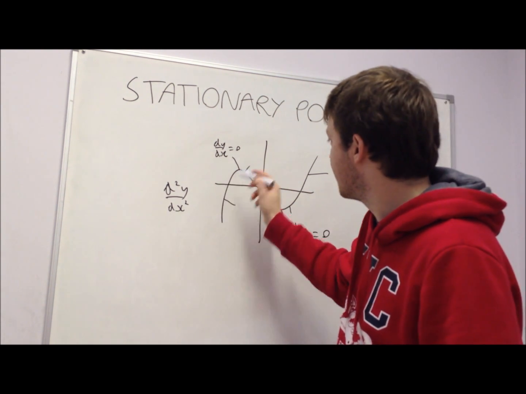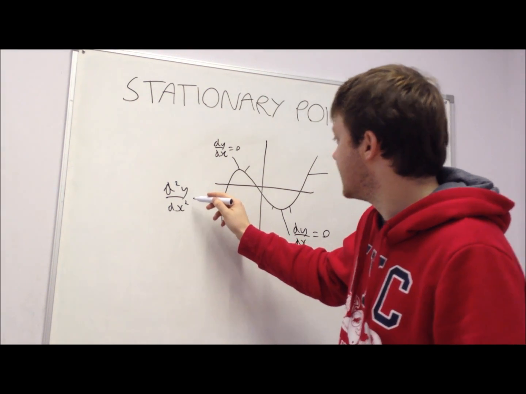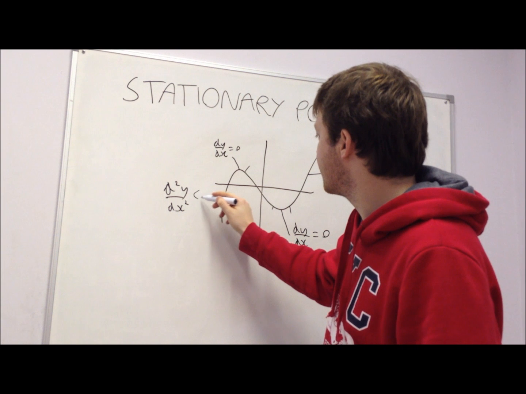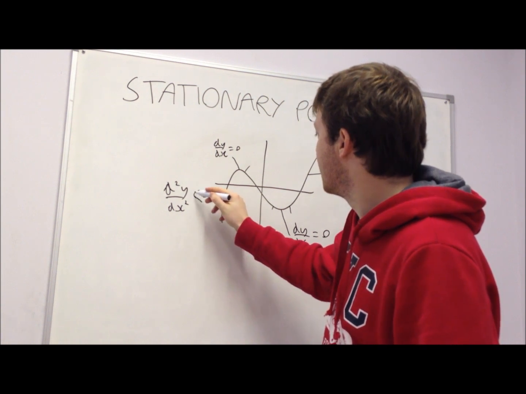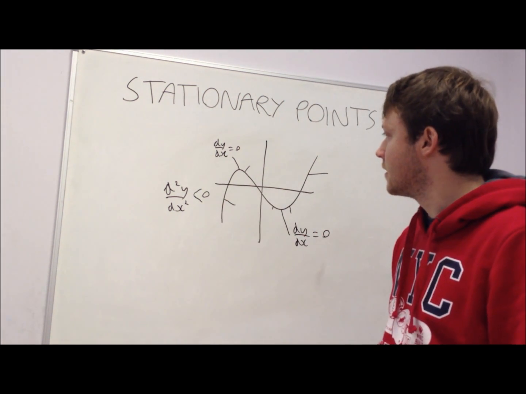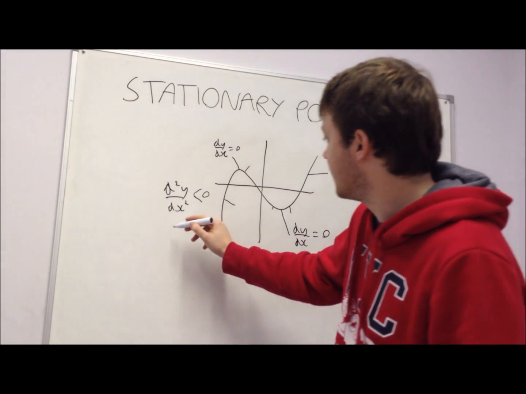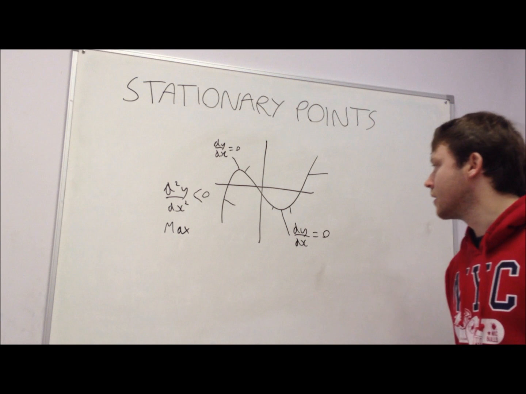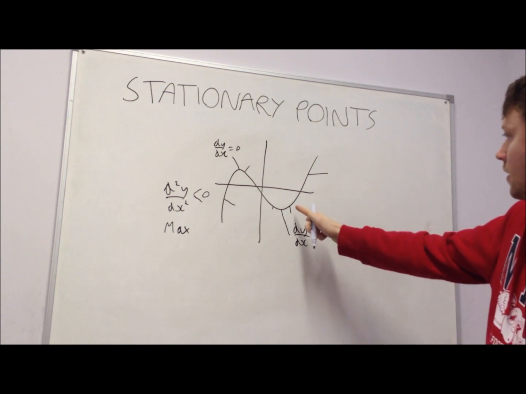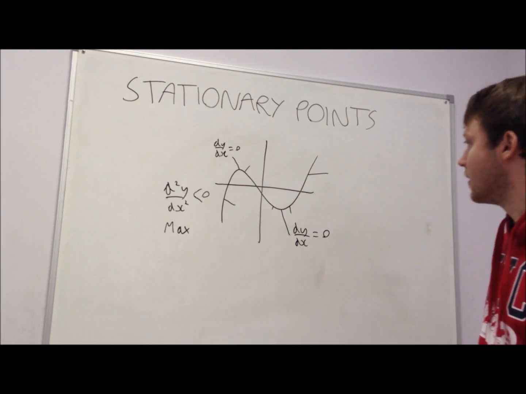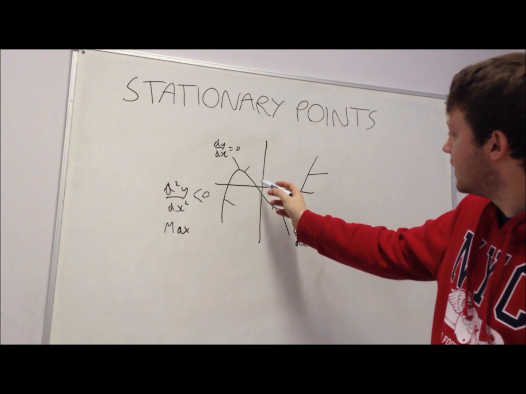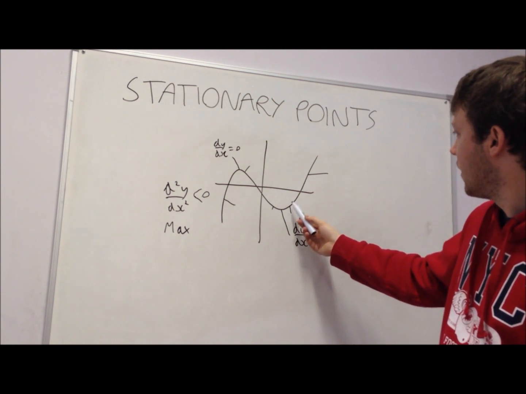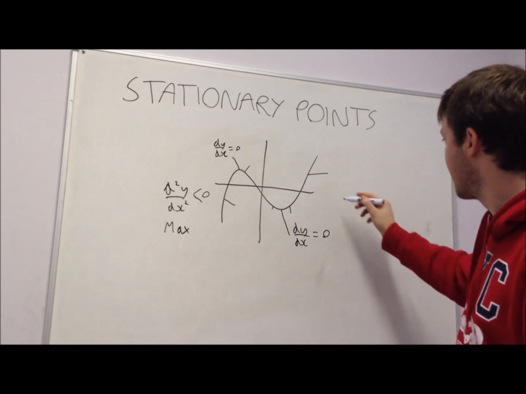So we can say that there, the rate of change of gradient, or d2y by dx squared, is less than 0. And if that is the case, then the point is a maximum. So we can just write max. Conversely, at this stationary point, you can see the rate of change of the gradient is increasing, since here it is negative whilst past the stationary point it becomes positive.